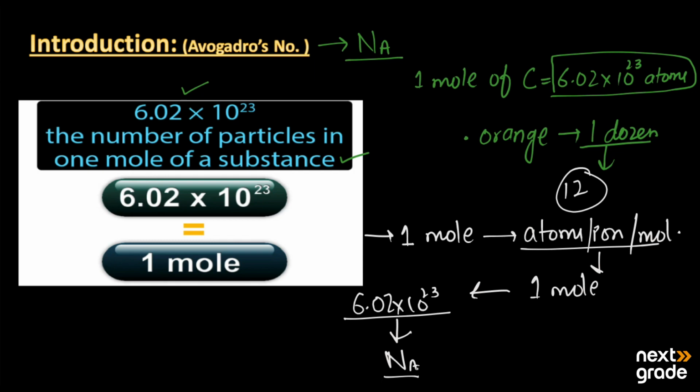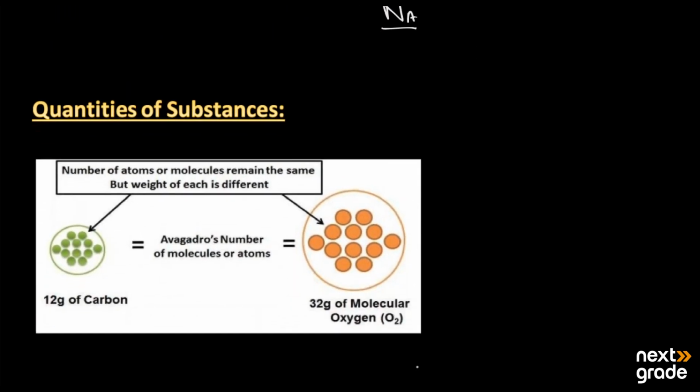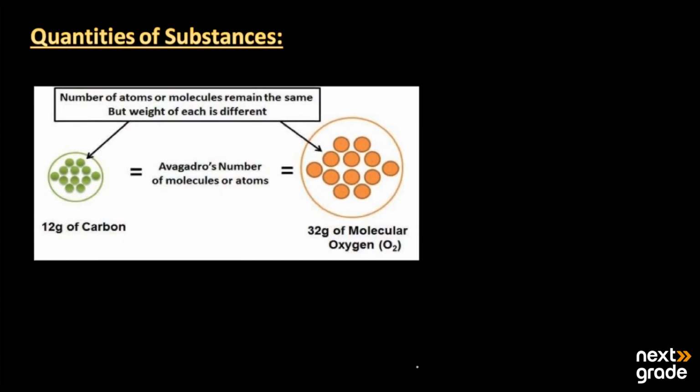So, to find the number of particles in any substance, we must relate these to Avogadro's number. And how are these related? There are many quantities related to the mole.